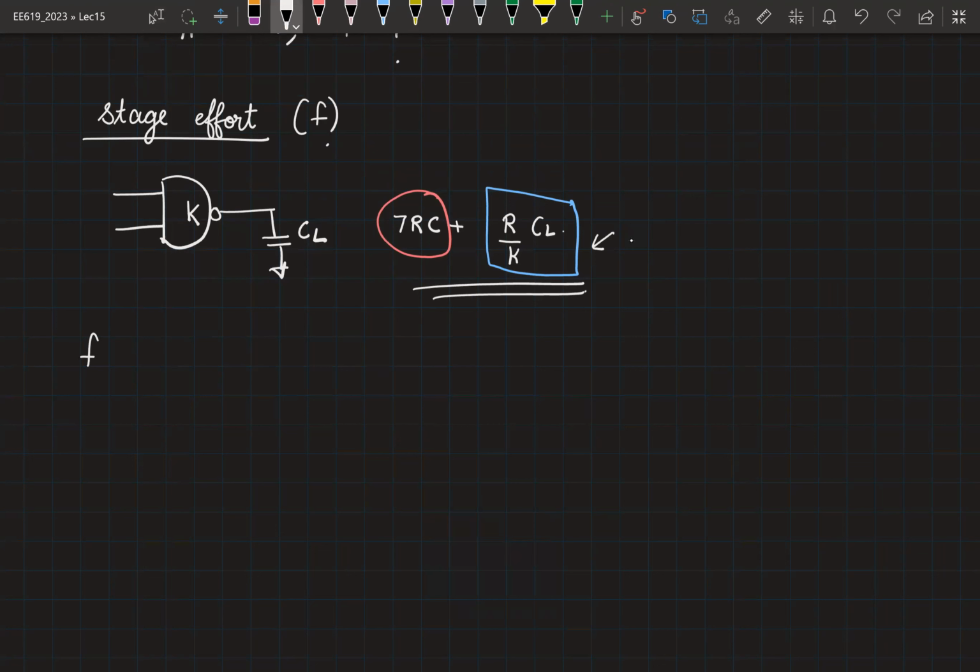So we need to focus on the second part, which is a function of K and CL. So stage effort is now R by K into CL. Is that all, or am I making a mistake?